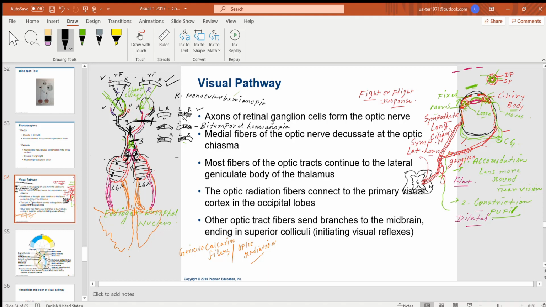So this will be termed as left homonymous hemianopia.